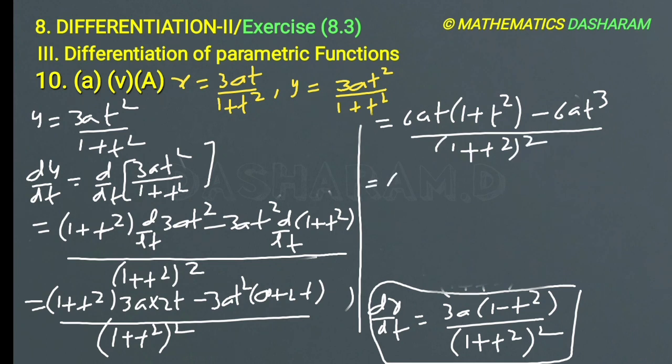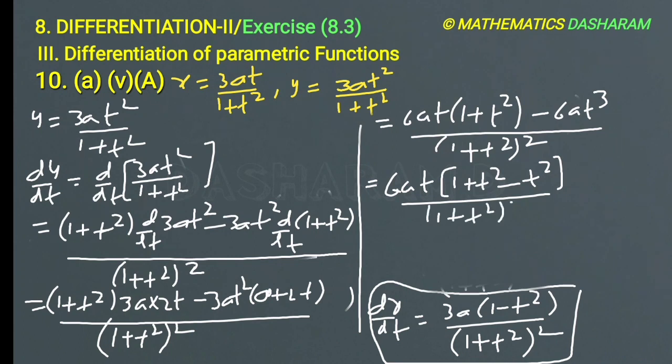So here we can take 6at common, then (1 + t² − t²) divided by (1 + t²)². Plus t² minus t² cancel, so then dy/dt equals 6at times 1 divided by (1 + t²)², here just 1 is there, no need to write 1.